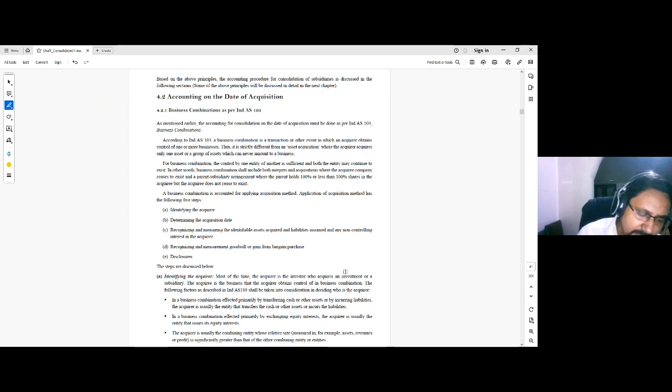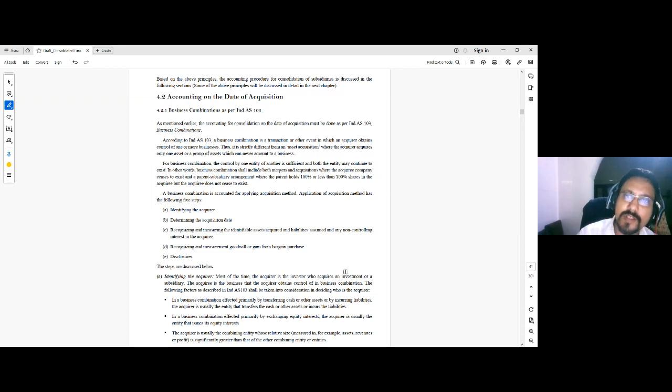What does it mean? On the date of acquisition, for the purpose of consolidation, I now need to record the identifiable assets of the subsidiary company, the identifiable liabilities of the subsidiary company, and if there are other parties also. For example, I have acquired 60% of the subsidiary company, so the 40% shareholders are still there, which are called others.